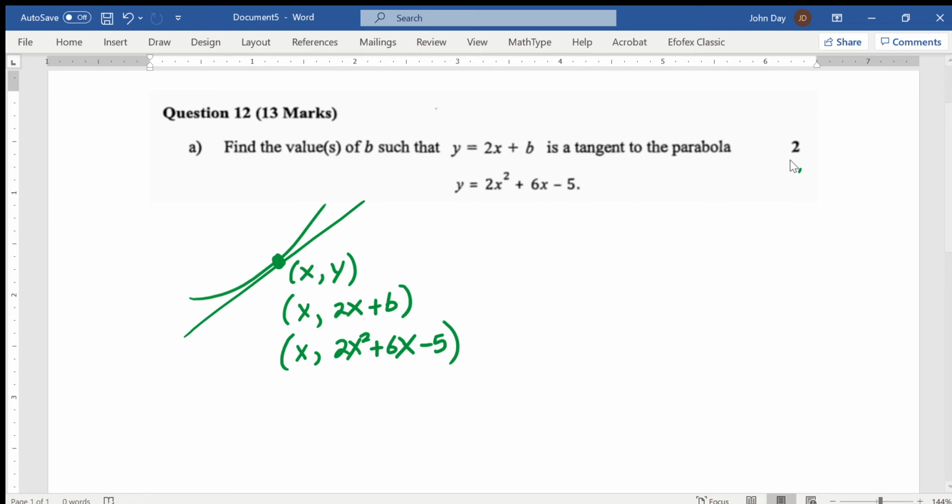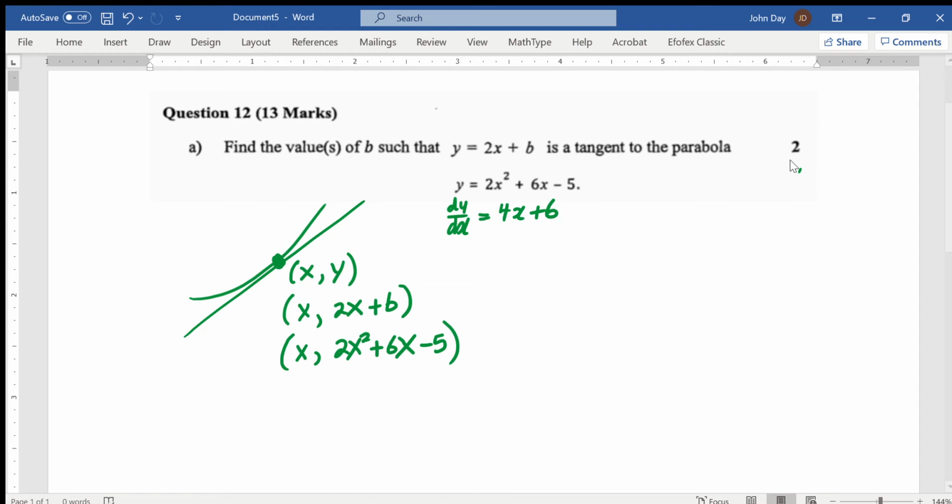And what is it that you know about tangents to curves? And that's right, you know that they have the same gradient as the curve at that point. So at the point in question, the gradient of the curve, dy dx, is 4x plus 6, right?